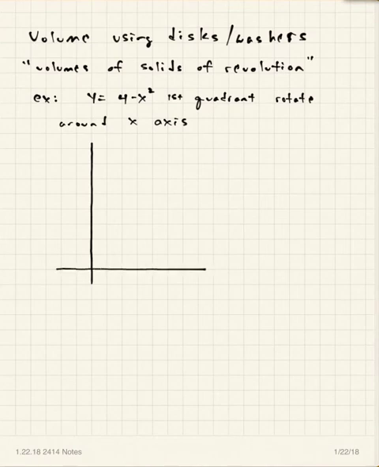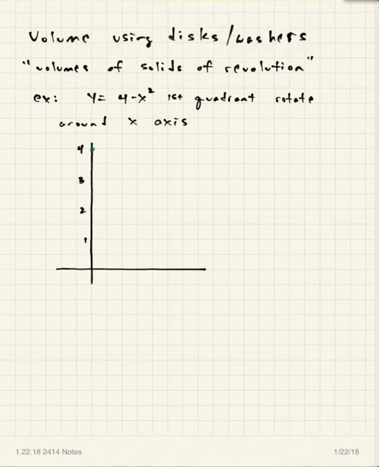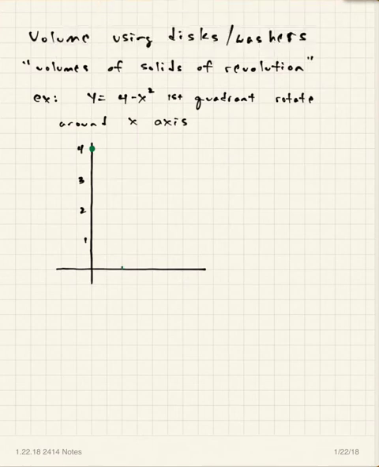I'm going to draw a couple of pictures here. First of all, it's a parabola that opens down, right? So I'm going to blow this up a little bit so that we can see things a little better. There's my scale, and the vertex is up here at (0, 4), and the x-intercept is over here at 2.